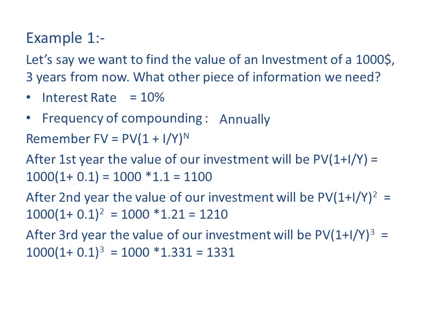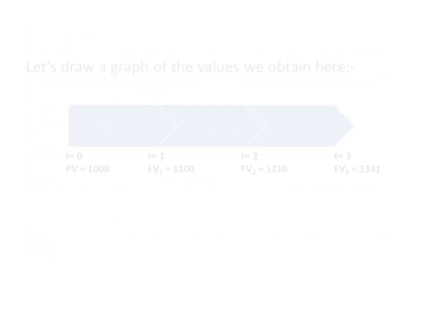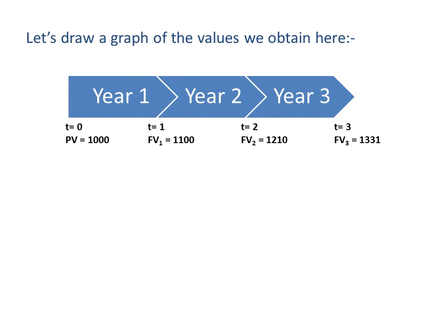After third year, the value of our investment will be PV multiplied by 1 plus I by Y to the power 3, which is equal to 1000 multiplied by 1 plus 0.1 to the power 3, which comes to 1331. Let's draw a graph of the values we obtain here.